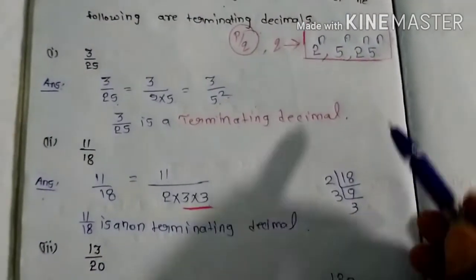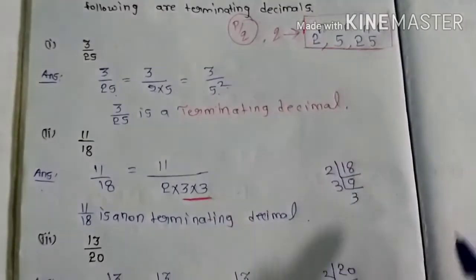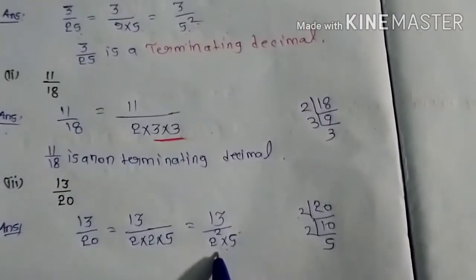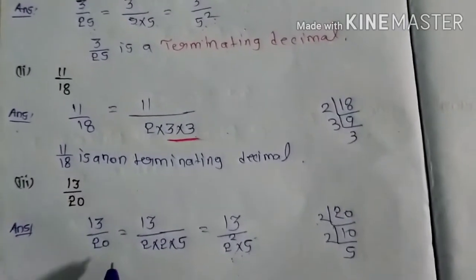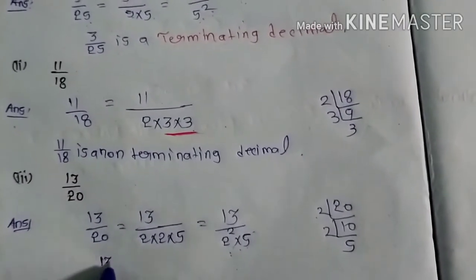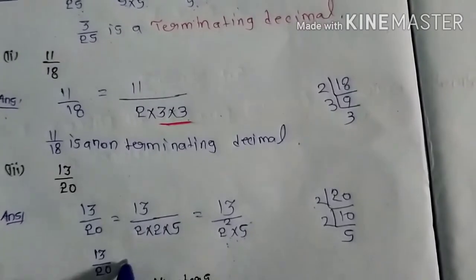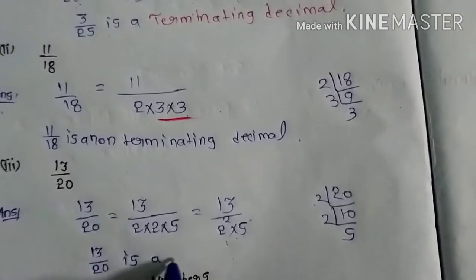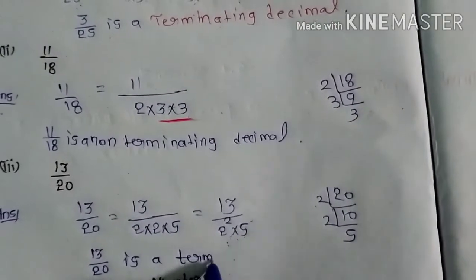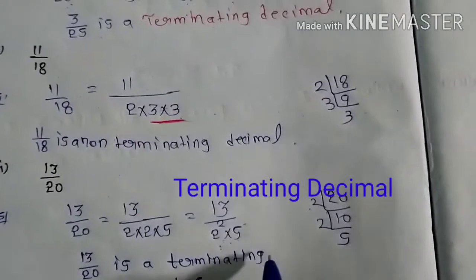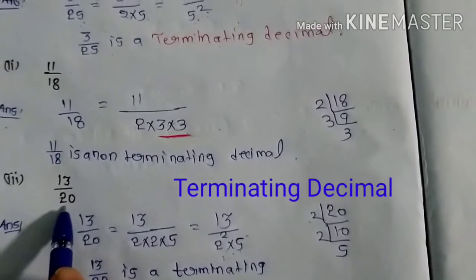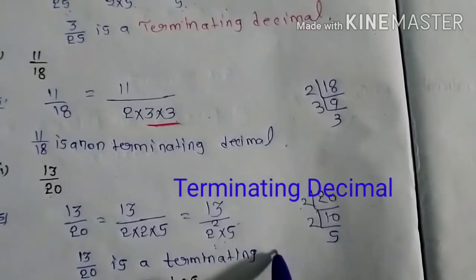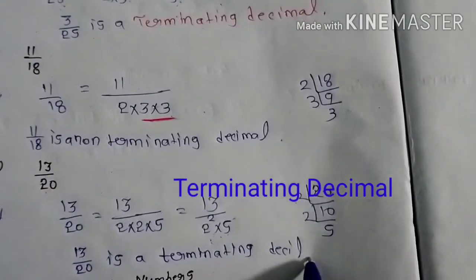So is this a terminating decimal or non-terminating decimal? Terminating decimal. You can write here 13 by 20 is a terminating decimal. You need not do division. We have to say directly by checking the denominator only. Terminating decimal.